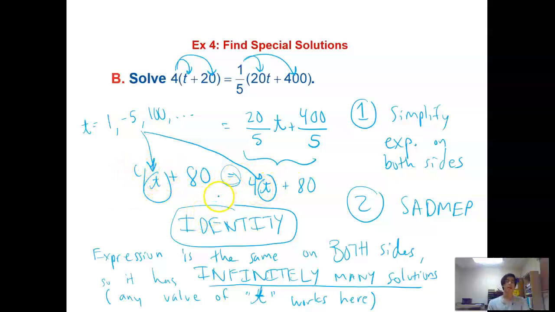So that is what an identity equation looks like, okay? Two expressions that are the same on both sides, meaning there's infinite solutions. I can plug in any value for t, and it will give me the same answer on both sides, making the equation always true. Okay?